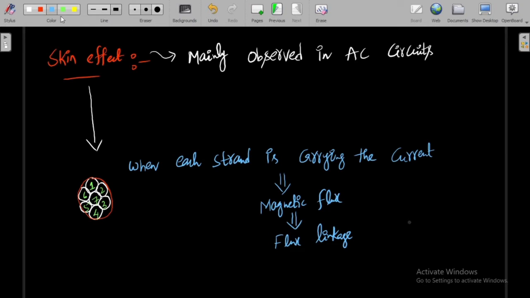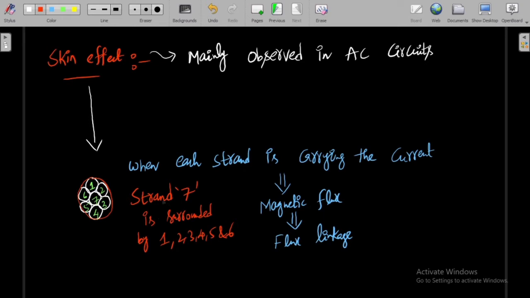Now if you observe in the diagram, strand number 7 is surrounded by how many strands? All the 6 strands: first, second, third, fourth, fifth and sixth strands.